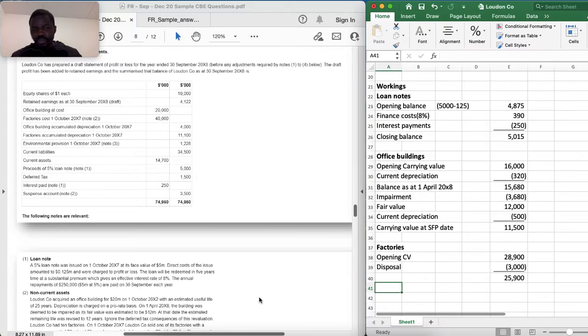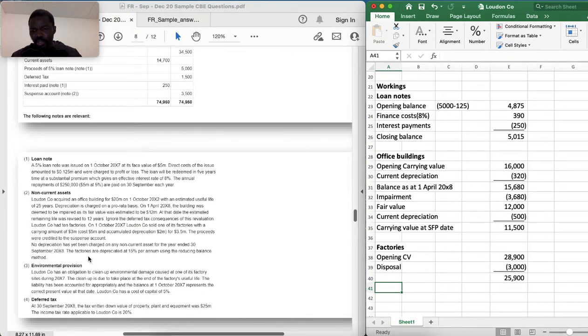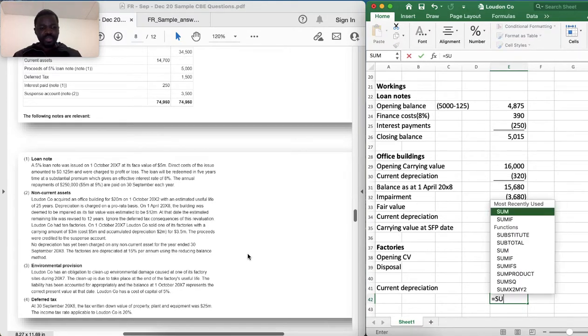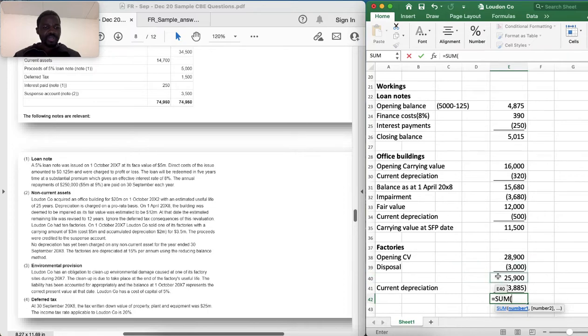We are told that the factory is depreciated 15%, reducing balance method. So our current depreciation will be 25,900 multiplied by 15%. We get that depreciation. Then now we need to sum up to get the carrying value at the SFP date.